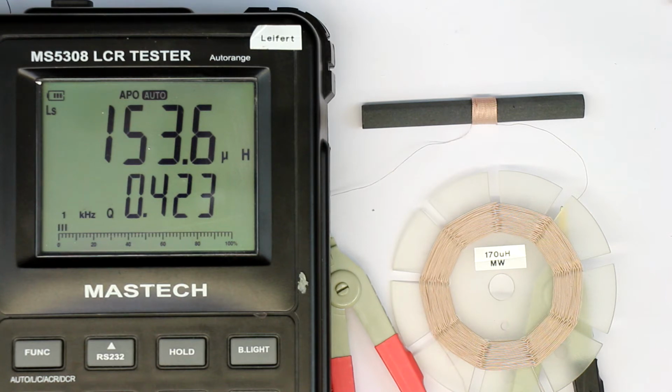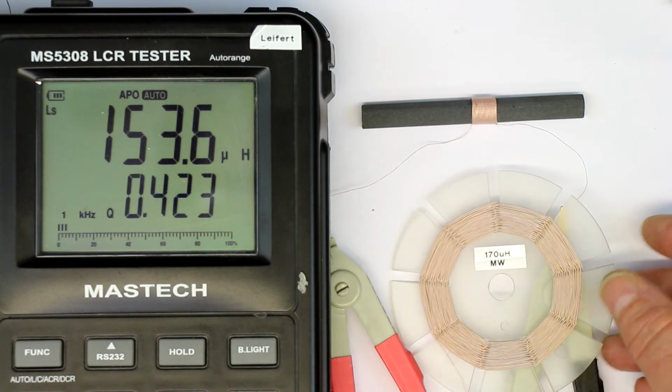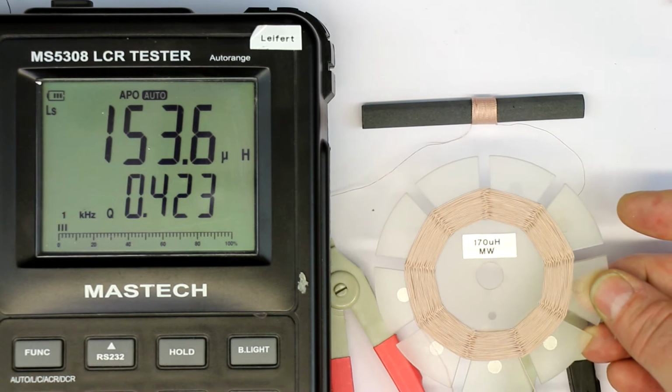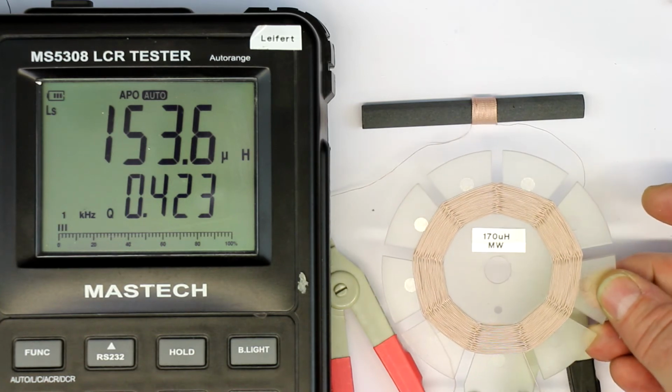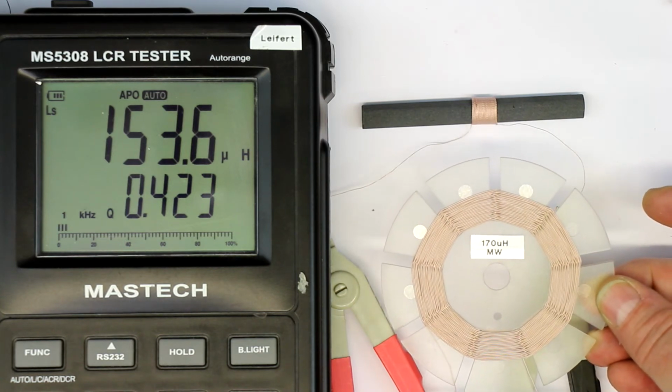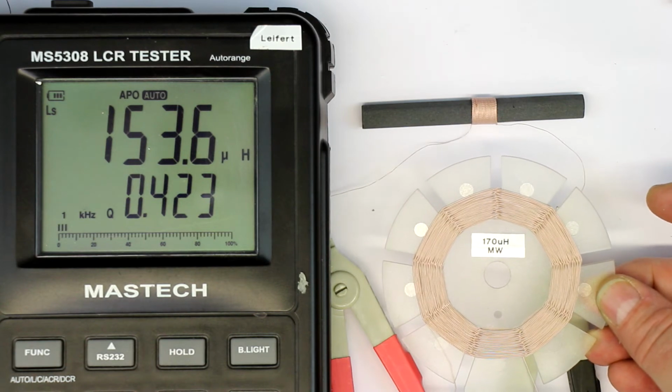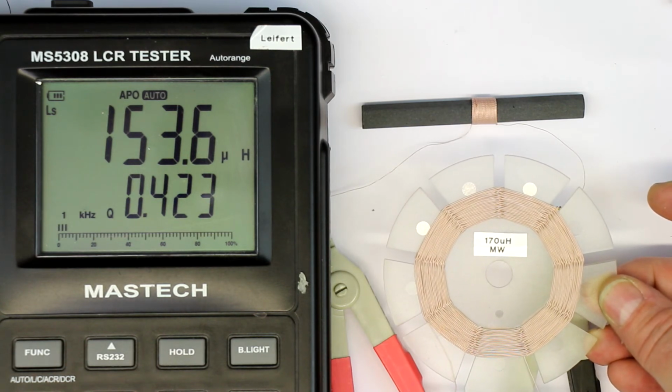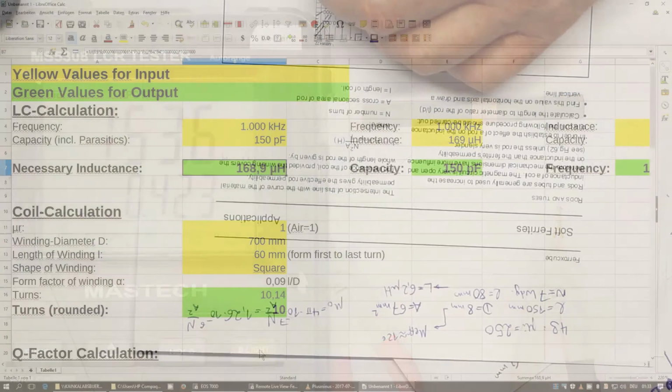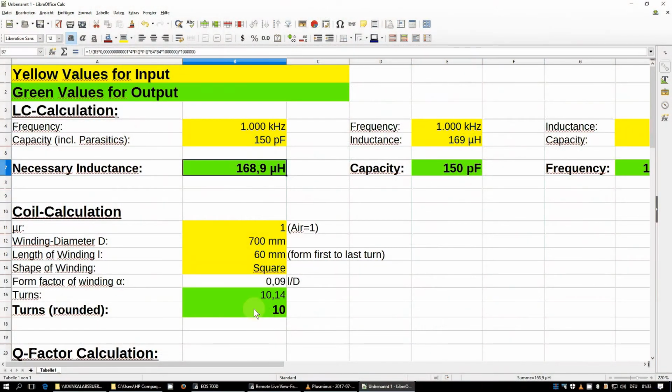But anyway, sometimes smallness is better or necessary than having such a much larger antenna or even a frame antenna. So the simple reason is the size factor. So this time we don't want to calculate the necessary inductance for a given frequency and a given capacity.